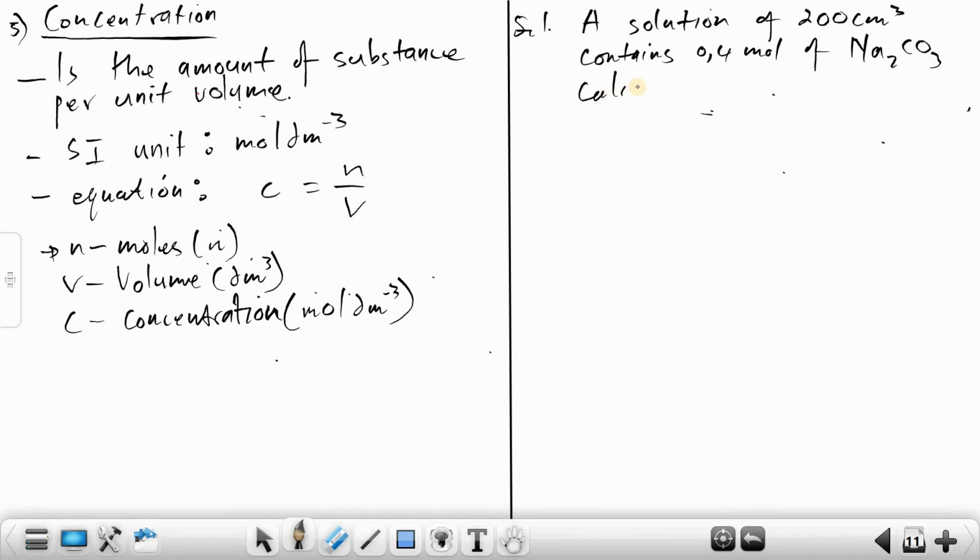Now calculate the concentration of the solution.